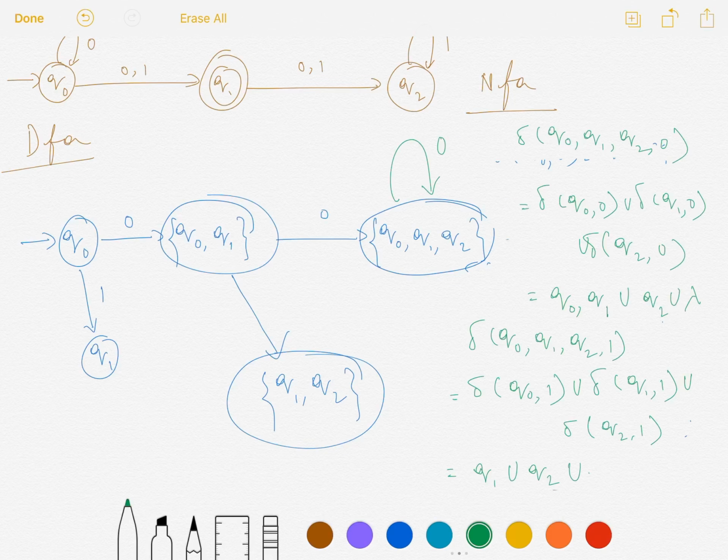So if I give 1 to Q0 Q1 Q2, it is going to Q1 Q2.